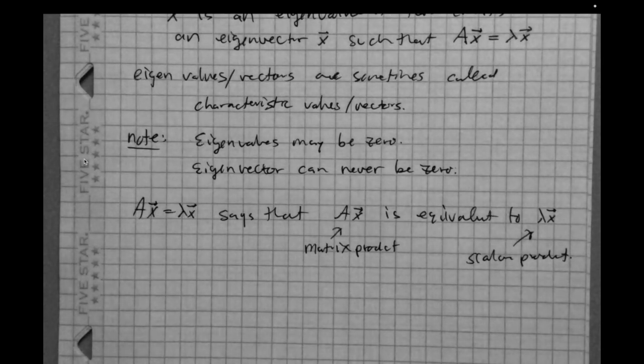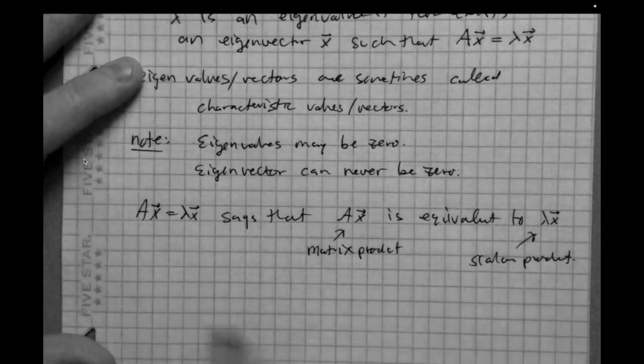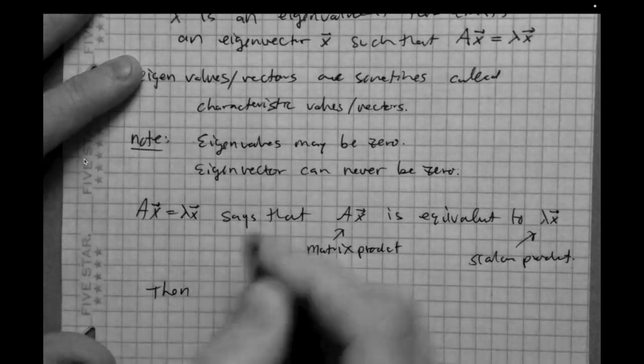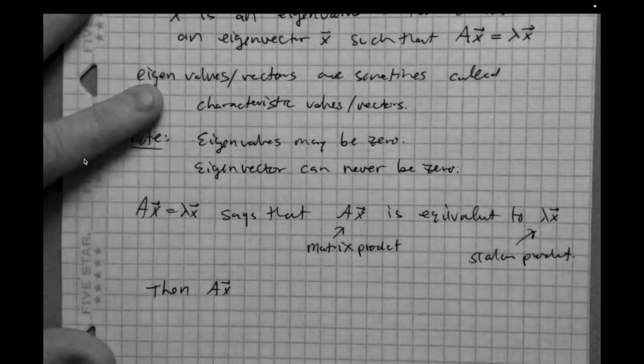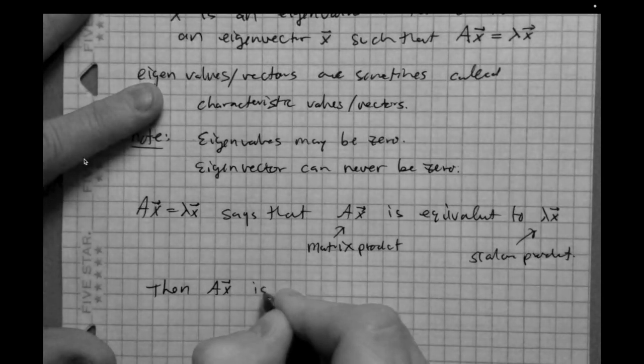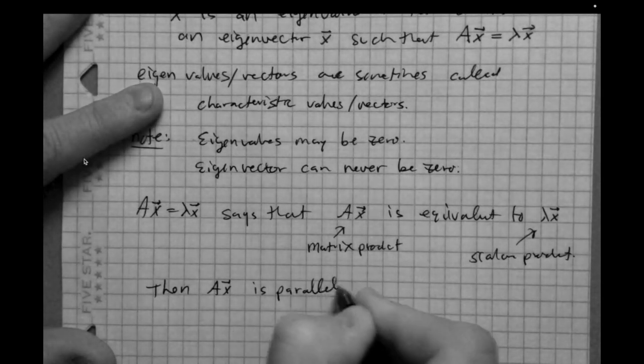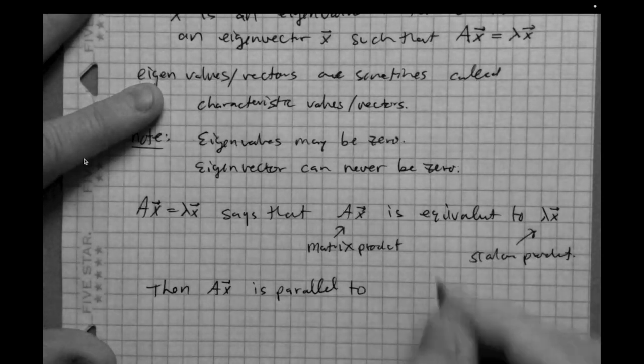Ax is a matrix product, lambda x is the scalar product, and so what that implies is that Ax, this vector, is parallel to x.